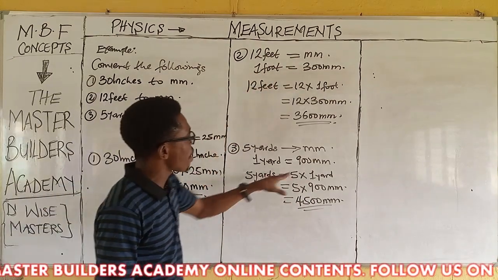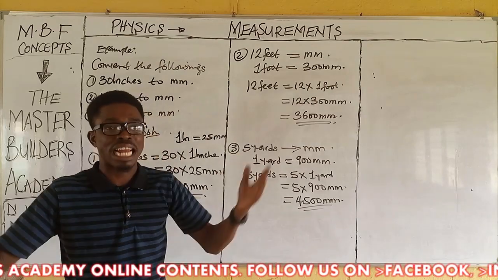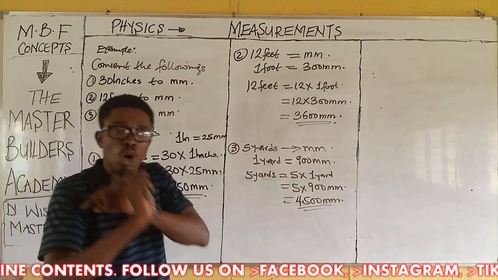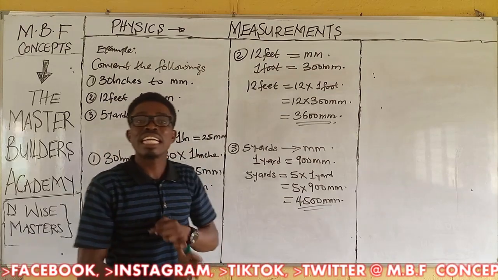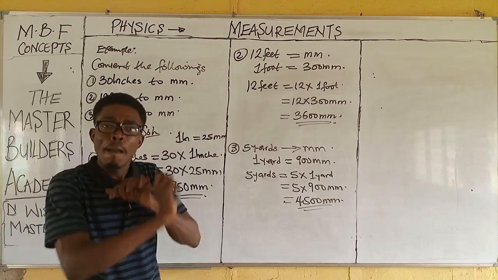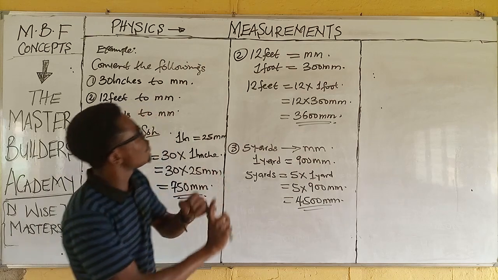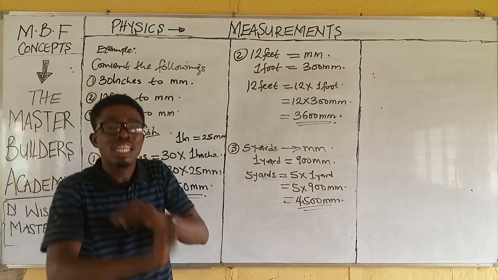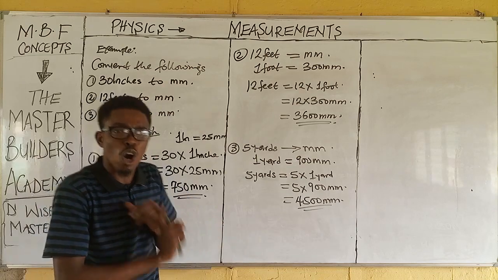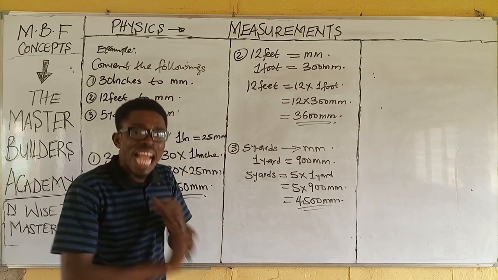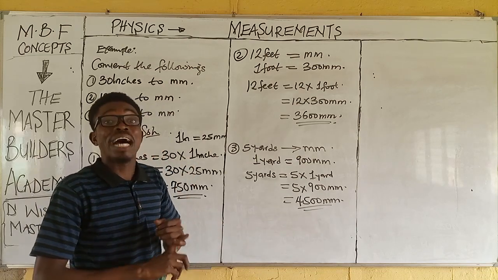And to convert from millimeter to yard, you divide by what? 900. Is this taken? Yes. To convert from millimeter to inch, divide the given value by 25. To convert from millimeters to foot, divide the given value by 300. Now also to convert from millimeter to yard, divide the given value by 900.